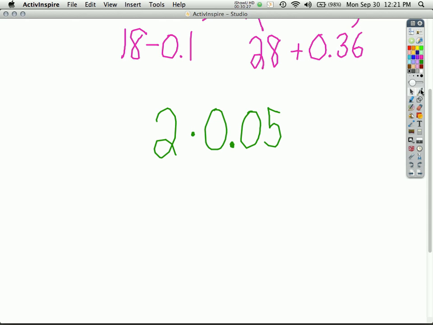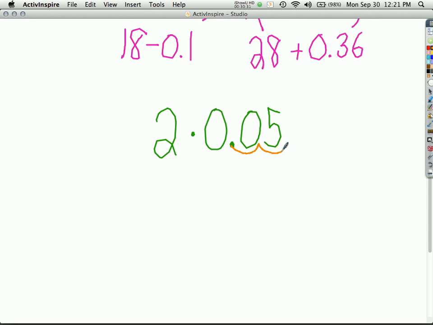How many decimal places are there from here to here? 2. So just put that piece of information in your brain: 2 decimal places. Now do 2 times 5. That's 10. Now put the 2 decimal places back. 1, 2. This works with any decimal that looks like this.